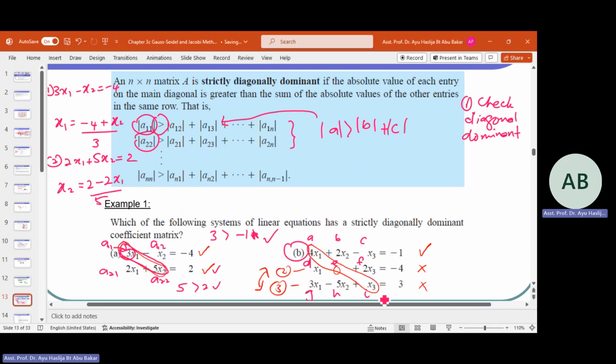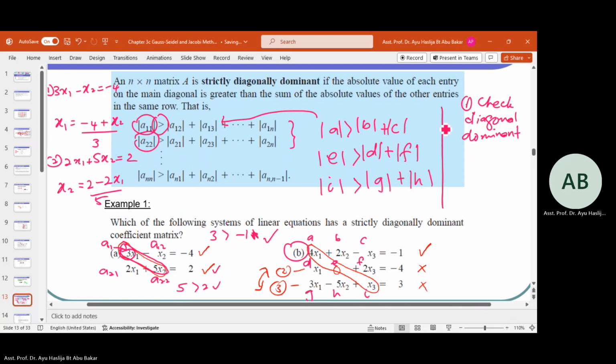Diagonal, so we go diagonally. So A, then E. E larger than D plus F. I larger than G plus H. Okay, first equation, we check the diagonal dominance rules.